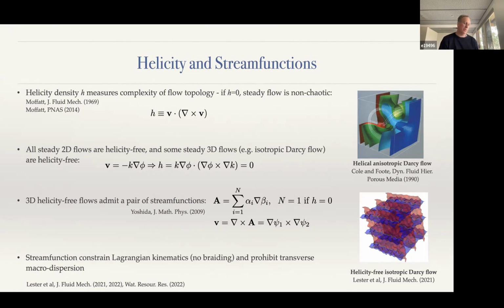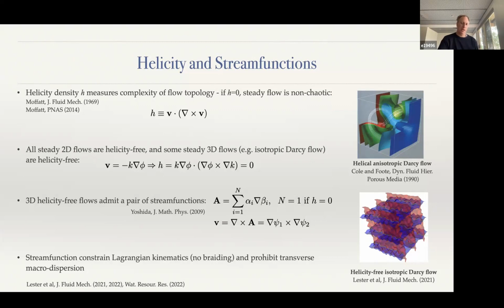Now, this has very important implications for the Lagrangian kinematics and mixing, because these 3D helicity-free flows have been shown to admit a pair of stream functions under certain boundary conditions. And so if that is the case, these stream functions then act as invariants of the flow and then constrain the Lagrangian kinematics.